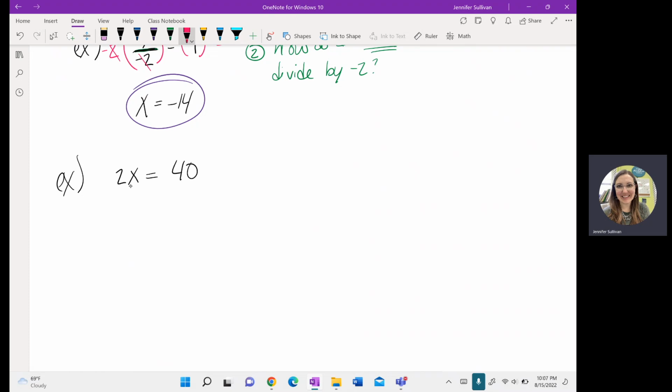And so I want you to think, okay, what operation do I see? I see multiply. So how do I undo multiply? Divide. And I'm going to divide by whatever number I see. Divide by 2. They cancel because they undo each other. And so x equals, what's 40 divided by 2? 20. That is my answer.